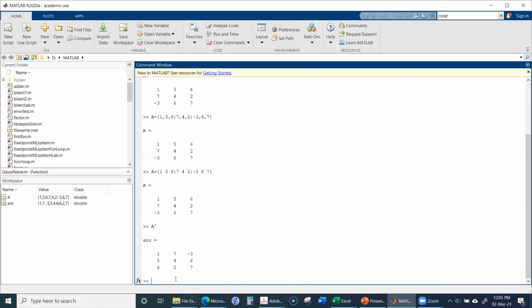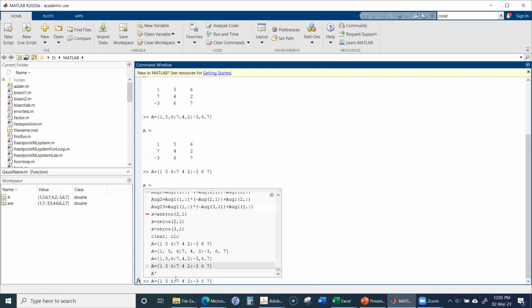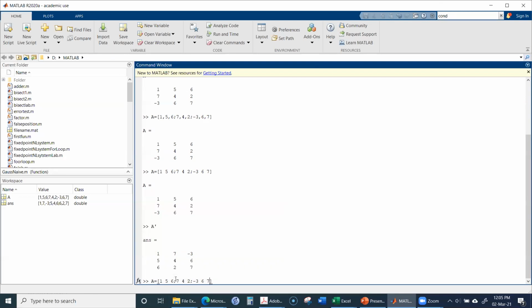The next thing I want to show is, I just forgot to show another way of representing this matrix A. If the matrix is slightly bigger, it may be easier to put it like this.